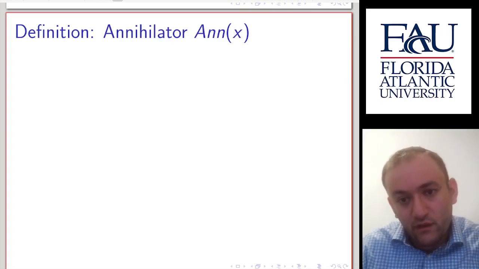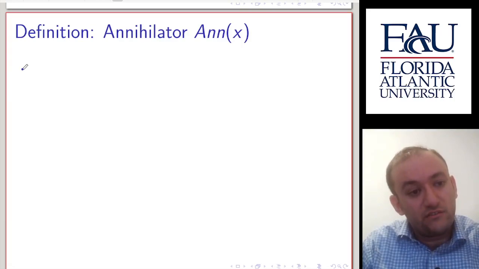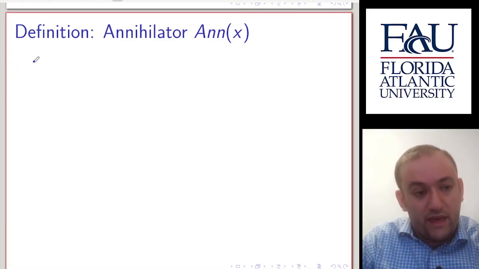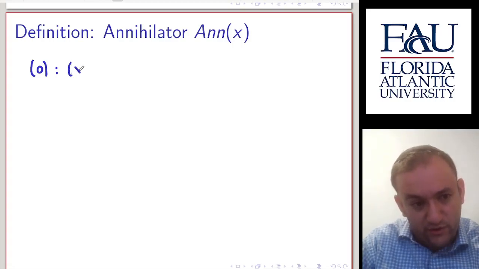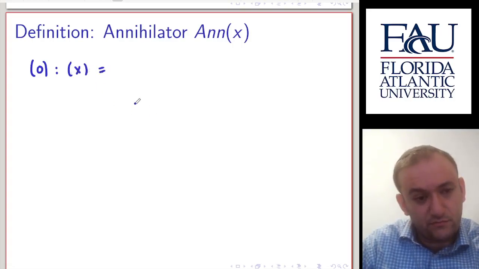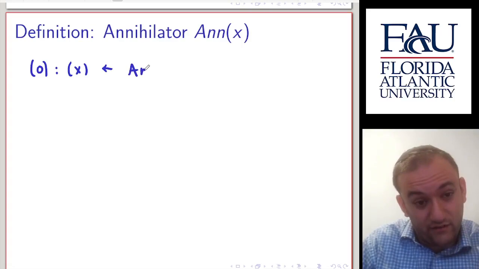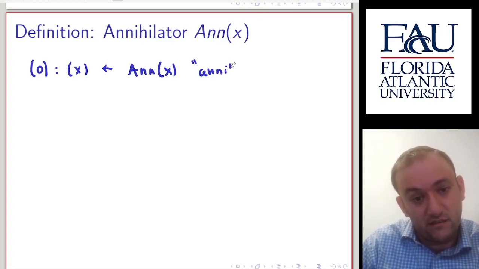Okay. Using the ideal quotient, we can define the annihilator. Okay, so if we have the ideal generated by 0, and we take the quotient by the ideal generated by x, we have what we define as the annihilator of x. Okay, written as Ann(x), read as the annihilator of x.